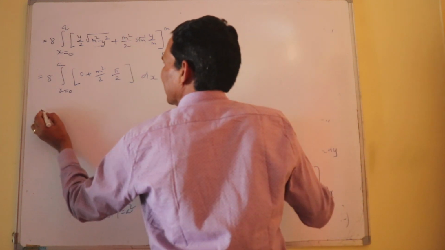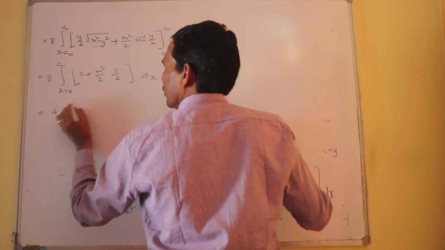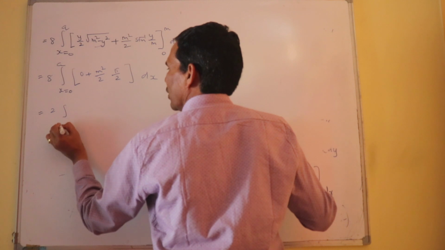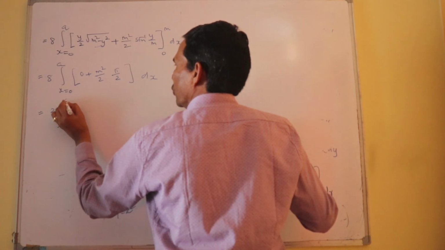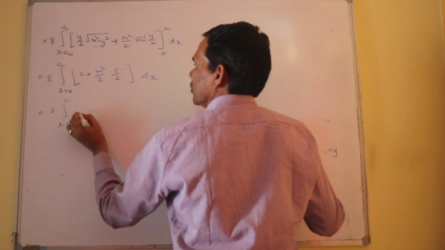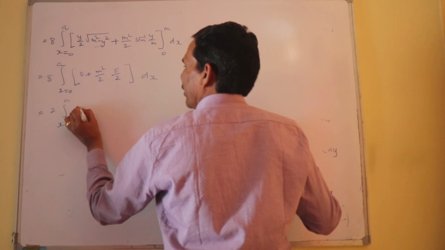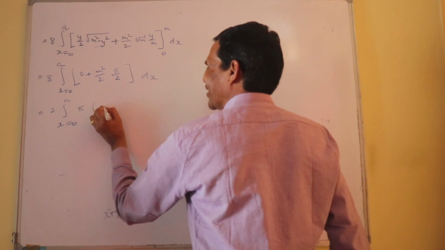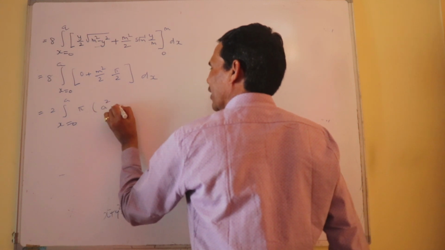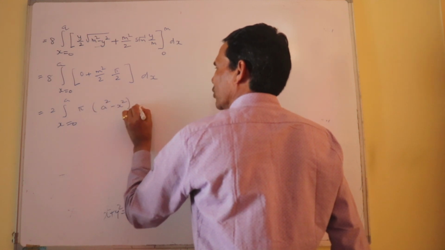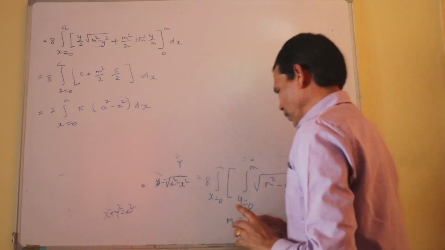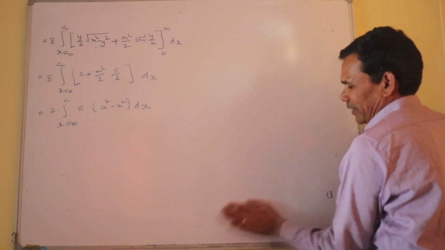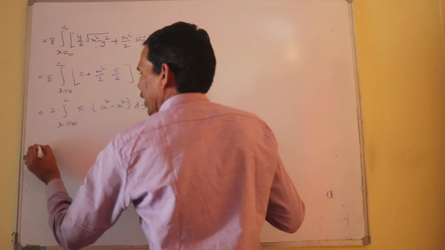So you get 4 times, here 4 times 2 means 2 times, x from 0 to a, pi into m square. M square means a square minus x square into dx. So we simplify this further. It would be something like this: 2 times pi.